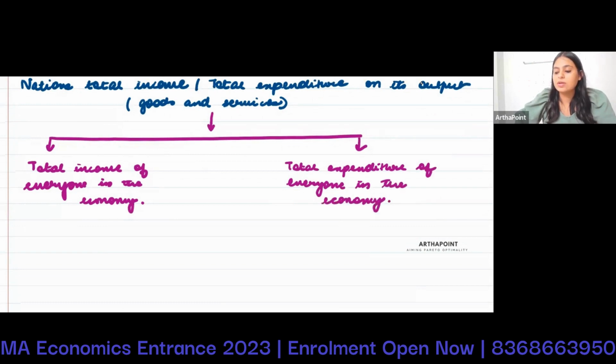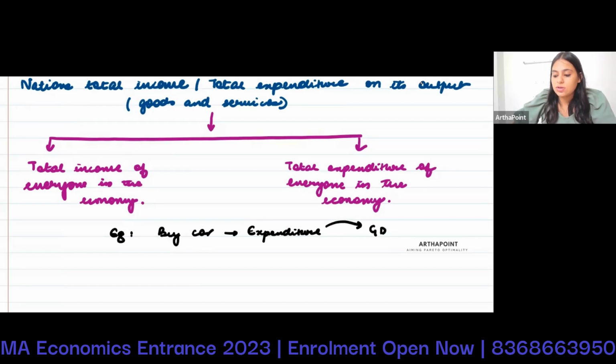Let me begin by giving you an example. Consider what happens when you buy a car. When you buy a car from a showroom, you can consider that because you are doing an expenditure, it would be added to the gross domestic product of the economy.